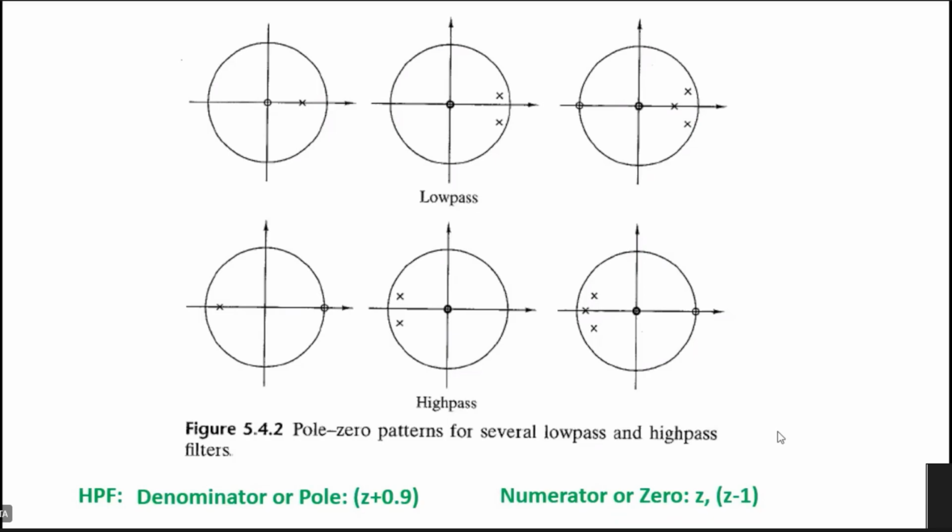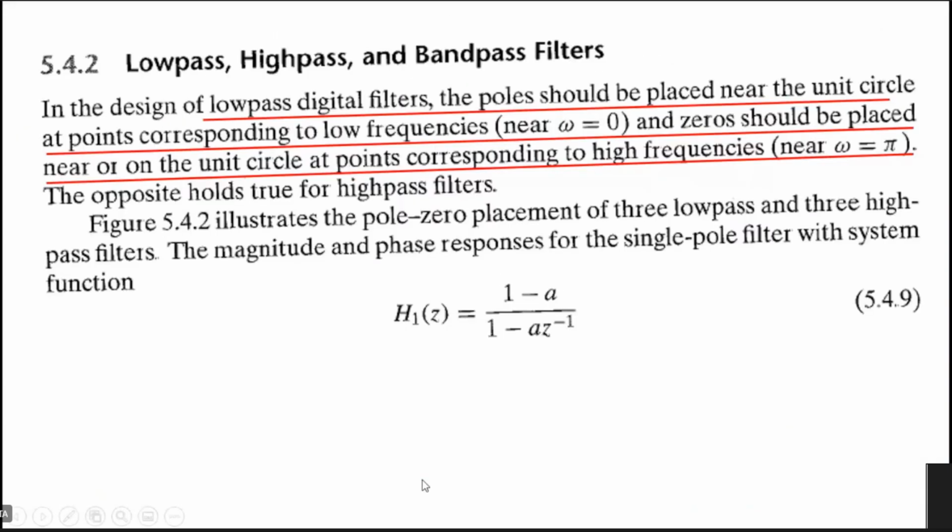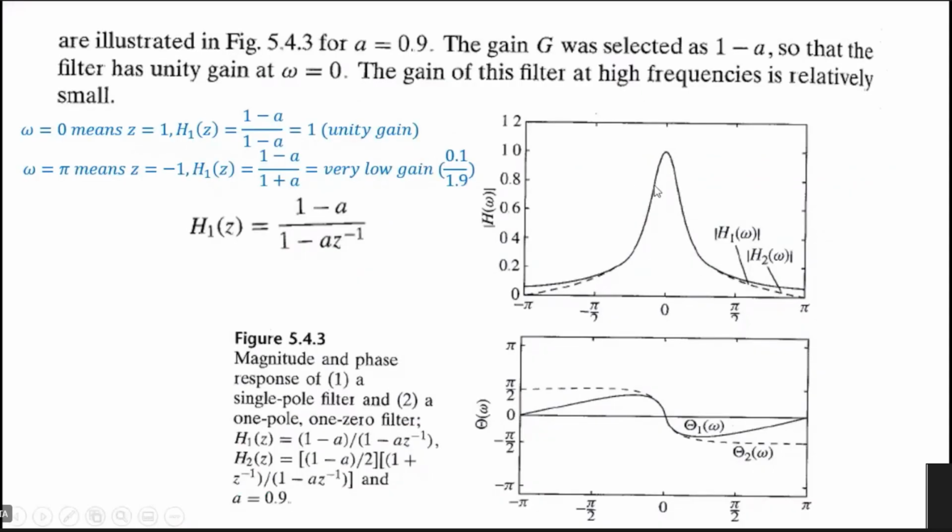Now coming to the example. We are considering the example where the transfer function is (1 minus a) divided by (1 minus a z inverse). You can see the diagram of the frequency response.